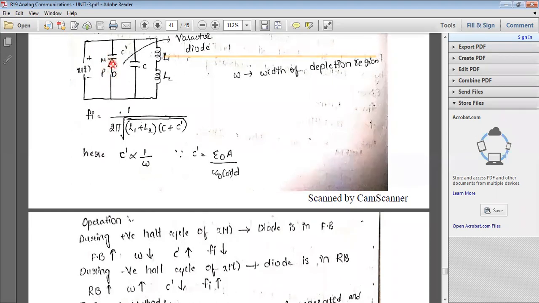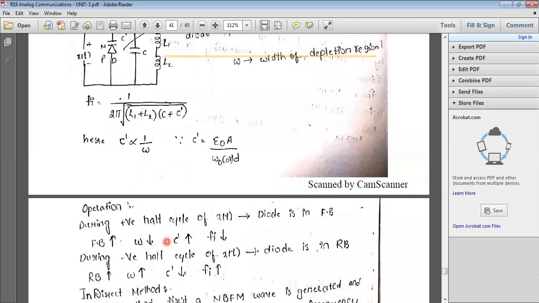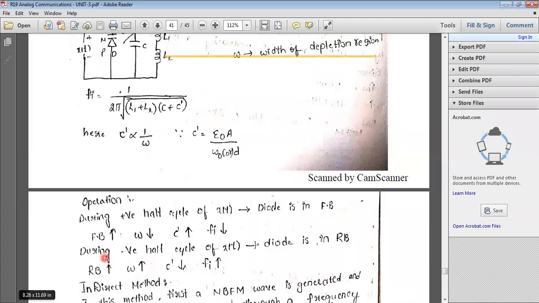So for the positive half cycle, the diode becomes reverse bias. In the material, it is given the other way round. Note down that point. Here the operation is in the reverse way, so don't follow this step in the material.